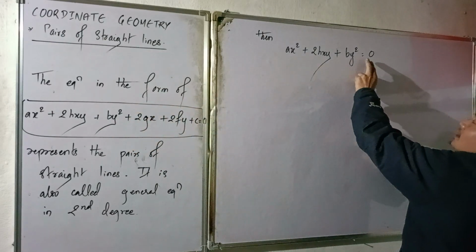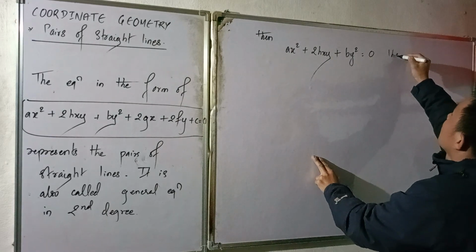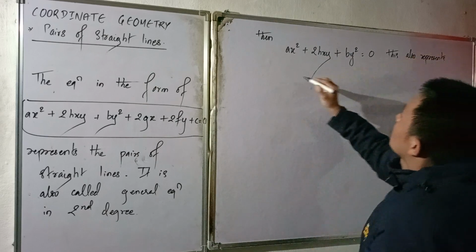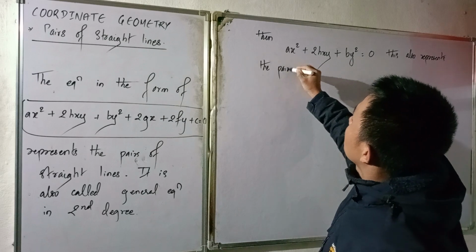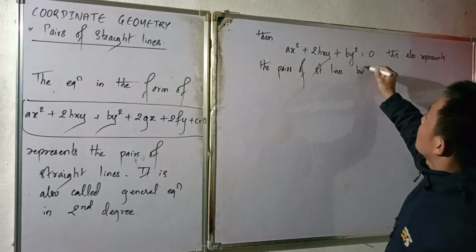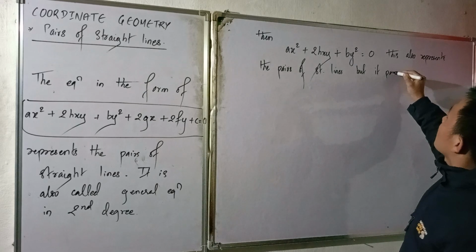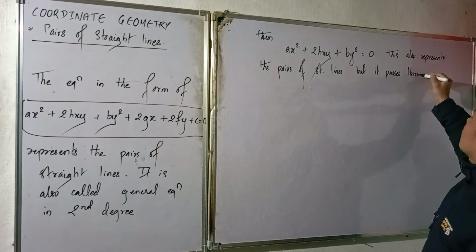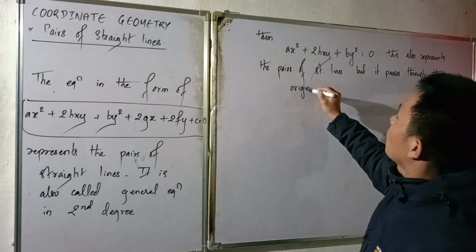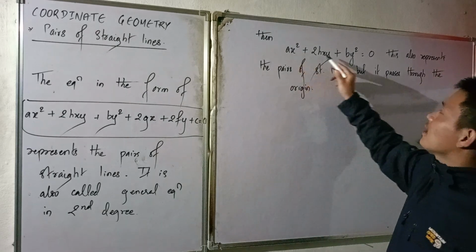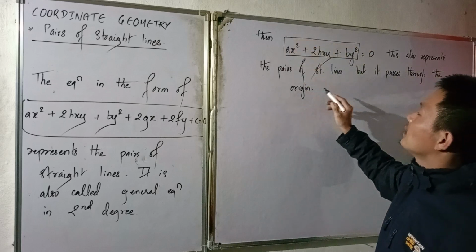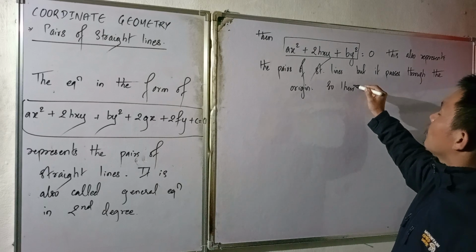If only up to this part is equal to 0, this also represents the pair of straight lines, but it passes through the origin.